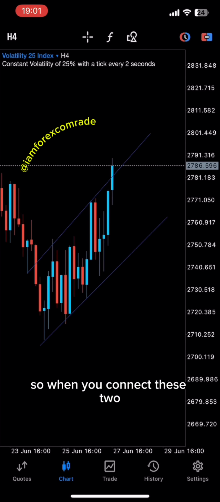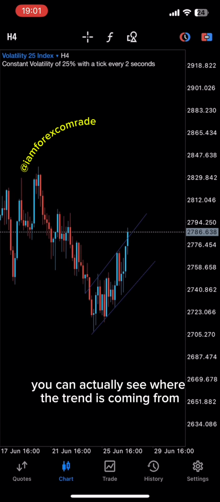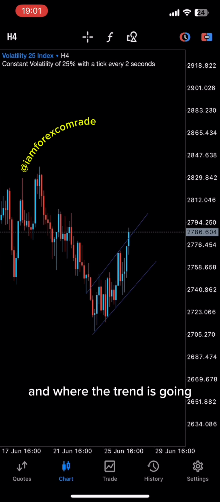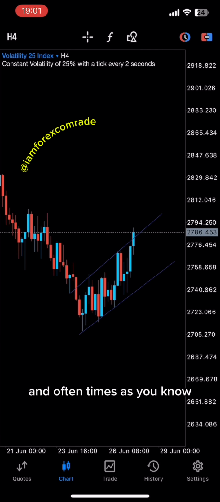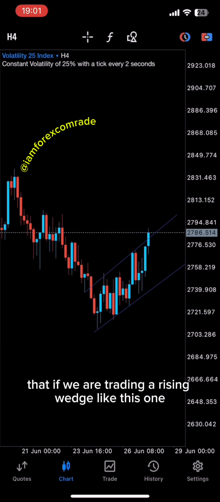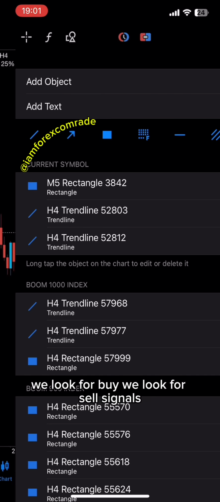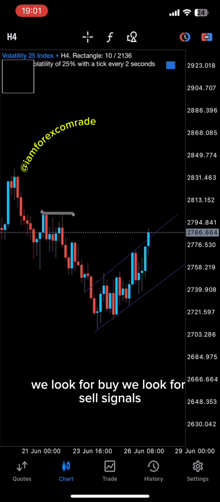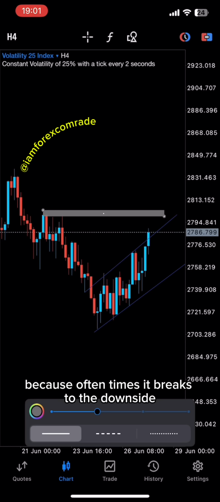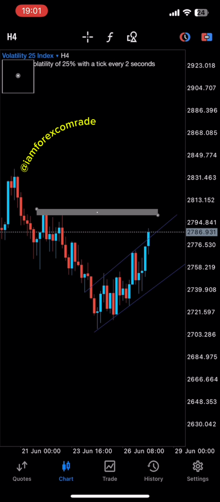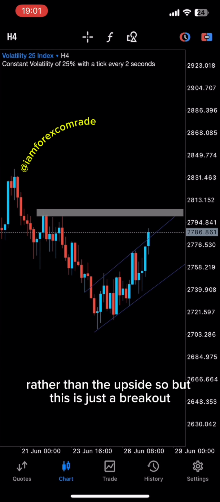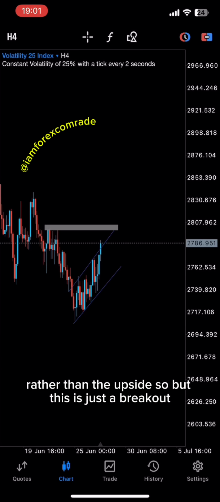When you connect these two, you can actually see where the trend is coming from and where the trend is going. And oftentimes, as you know, if we are trading a rising wedge like this one, we look for sell signals, because oftentimes it breaks to the downside rather than the upside. But this is just a breakout.